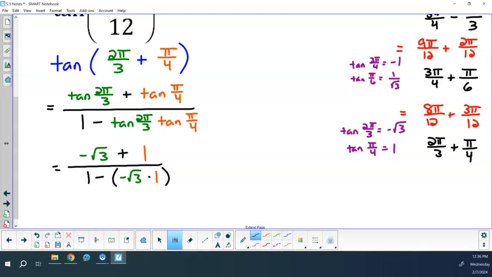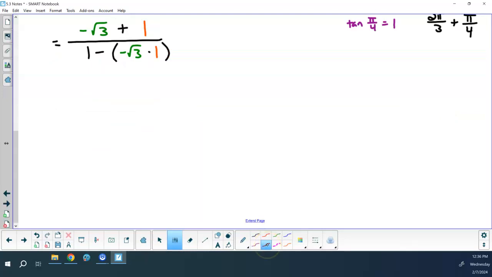Let's make the top look good. How can I make the top look good? 1 minus square root of 3. How can I make the bottom look good? 1 plus the square root of 3.